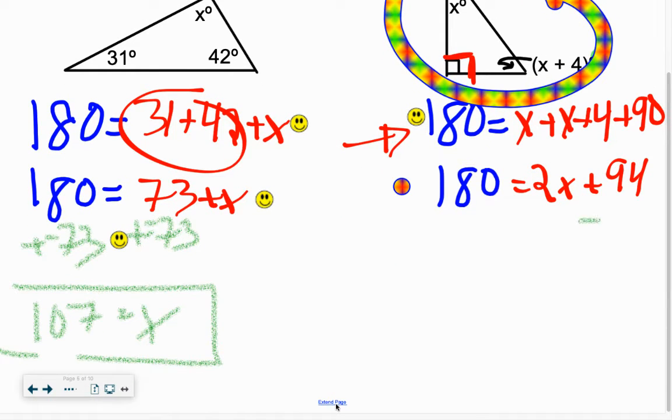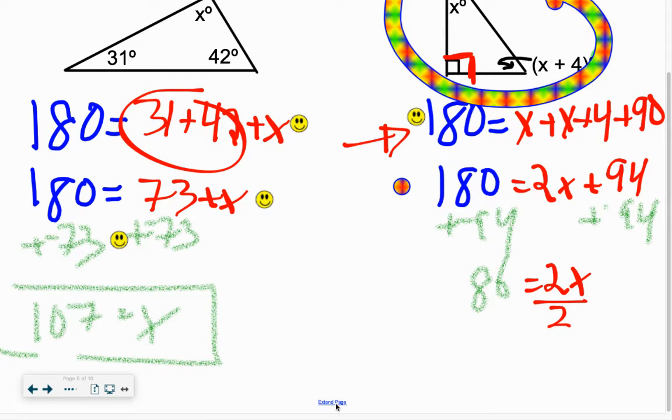And now that we've got those numbers, I'll focus in down there. I'm going to add a negative 94 to both sides. Again, yes, you could subtract it, but I'm going to start by adding the opposite. That gives me 86 equals 2x. Divide both sides by 2. Always be careful to read instructions and answer the question.